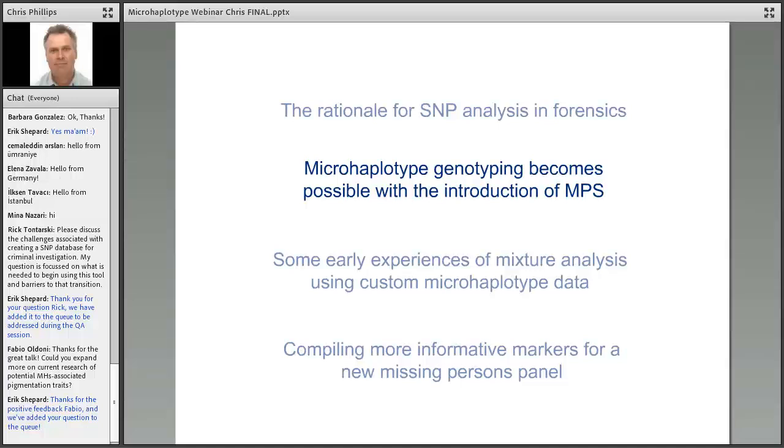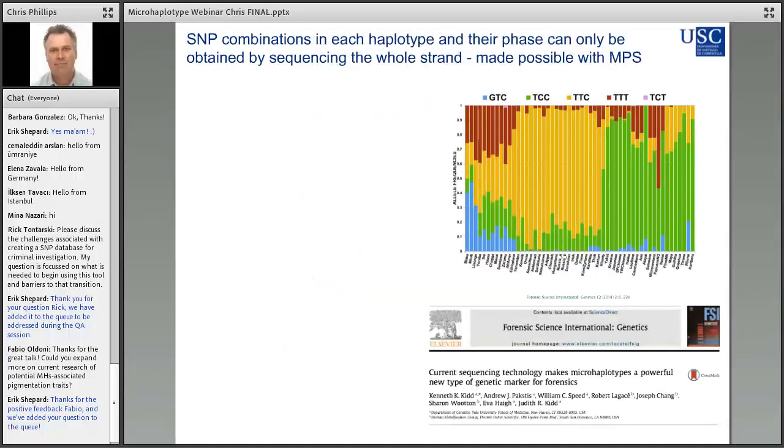So I'm just going to very briefly, because I was aware of Ken's slides covering the structure and features of microhaplotypes very well, just very briefly reiterate a lot of what he's said. Ken, of course, was the champion of microhaplotypes in the first place, and it's very timely that these have been discovered and compiled, because MPS is the ideal system for typing microhaplotypes, and knowledge of phase is critical for forensic use of microhaplotypes.